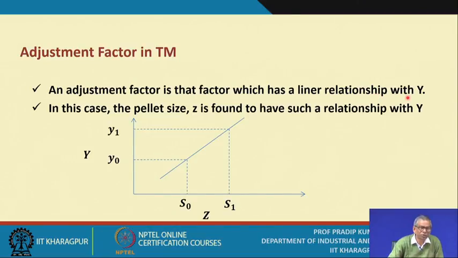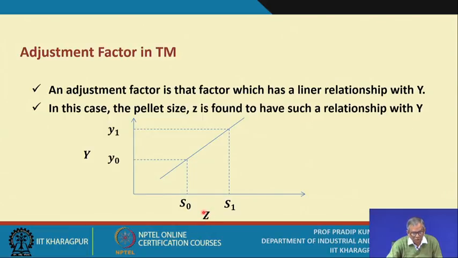That means you have to collect data, plot the data points between the relevant variables, and then say which particular factor has a linear relationship with y, and that factor you may define as the adjustment factor. Now in this case, the pellet size z is found to have such a relationship with y.